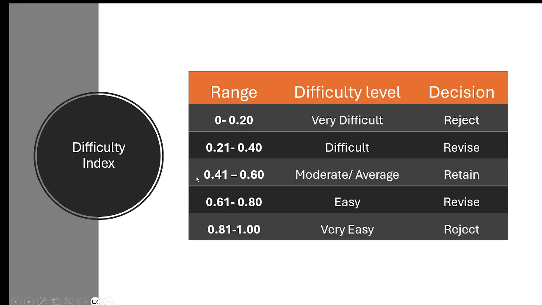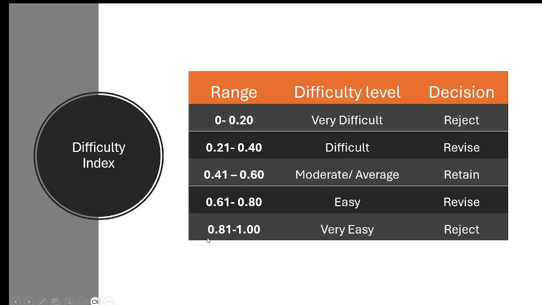Then if the value lies between 0.41 to 0.60, the item he can retain as it is. If the researcher has obtained the value for any item which lies between 0.61 to 0.80, again it has to be revised, modified and changed, and it can be retained in the question paper after revision.